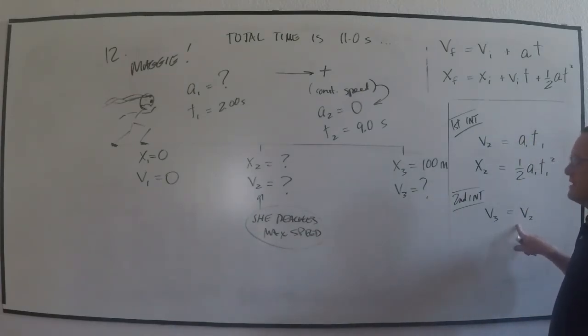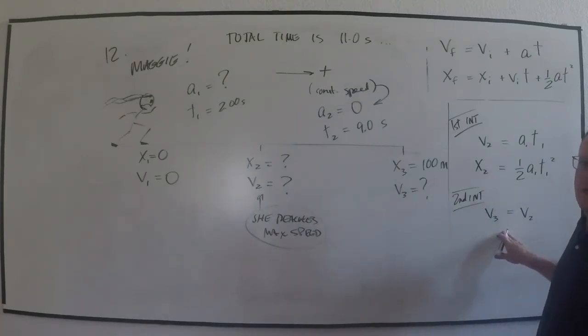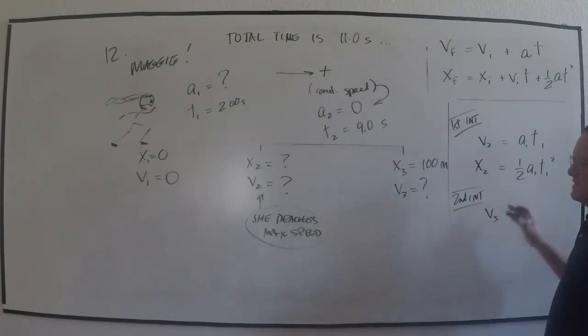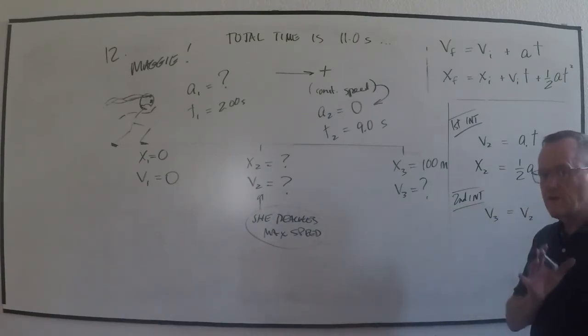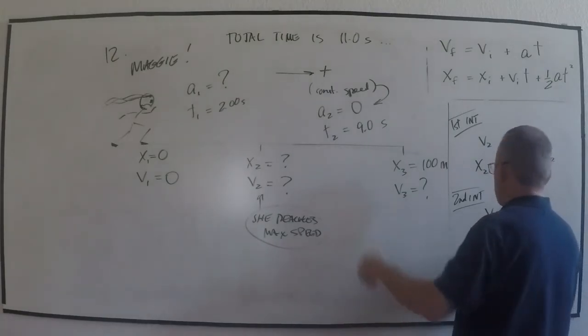And so this is a valid equation to include in our list because we have unknowns in it. However, it's a trivial equation. We're also going to find the only thing we can use this equation for is to get V3. It's the only place V3 will appear. But of course, V3 just equals V2. So yes, it is a valid equation, but it's trivial. What are we going to get then?